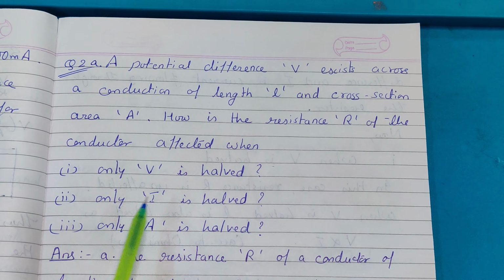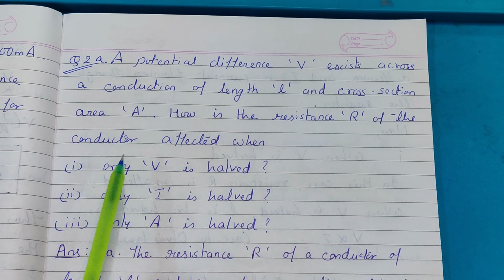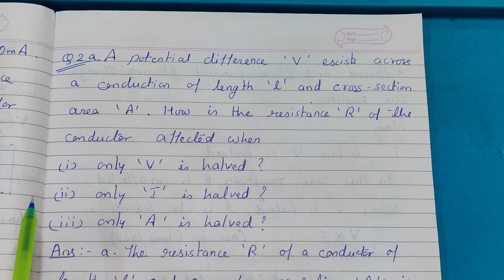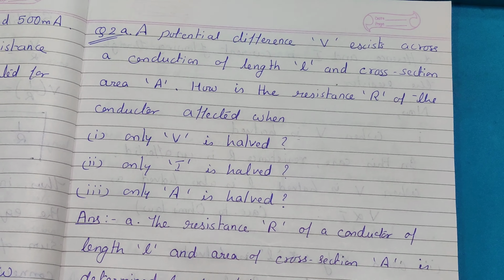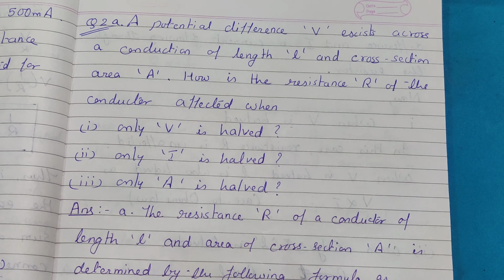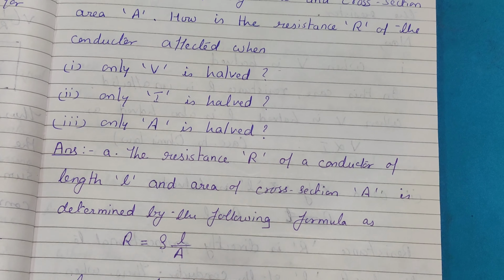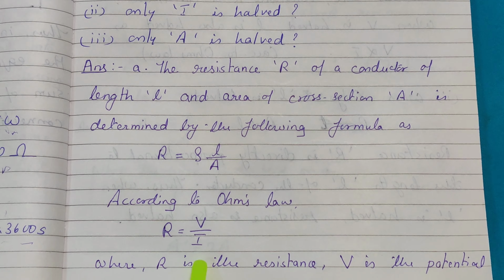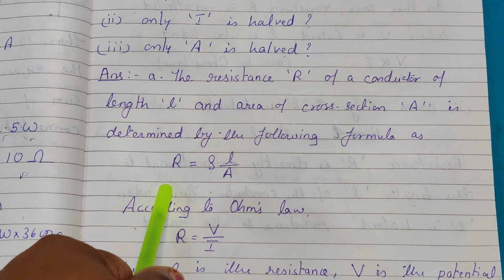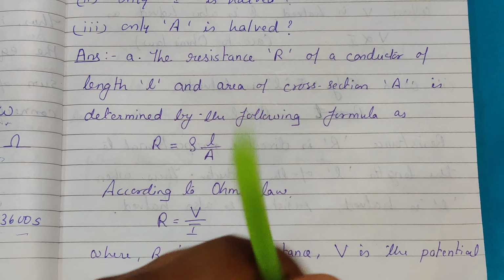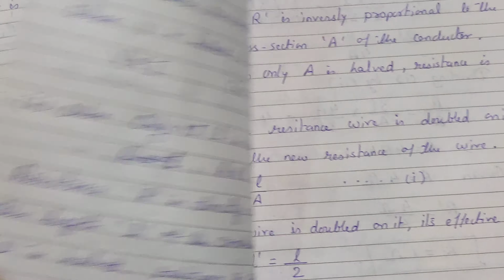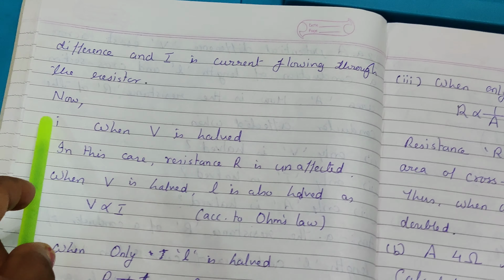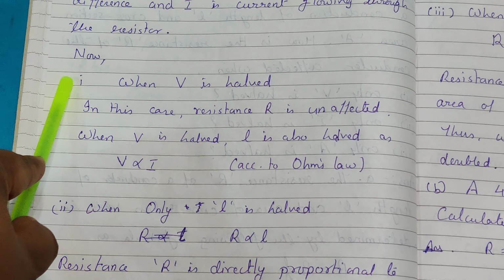These are the 3 conditions it has given: what happens when V is halved, when I is halved, and when A is halved. As we know, R equals rho L upon A. Now according to Ohm's law, R equals V upon I, where V is the potential difference and I is the current. Let us see the first part, when V is halved.